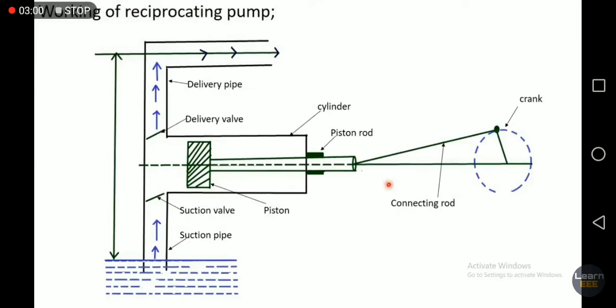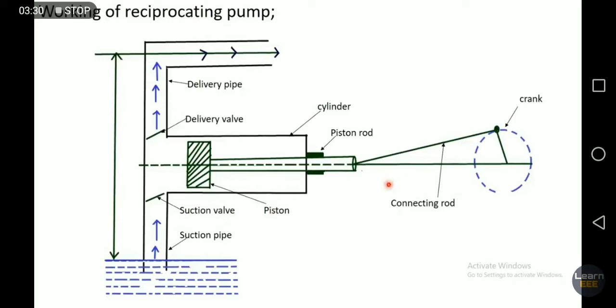In this condition the piston is moving from pipe side to crank side. What's happening here is that the inside of the chamber creates a vacuumized place. During this cycle the suction valve suddenly opens, then the water fills the chamber. During this cycle the delivery valve is closed.